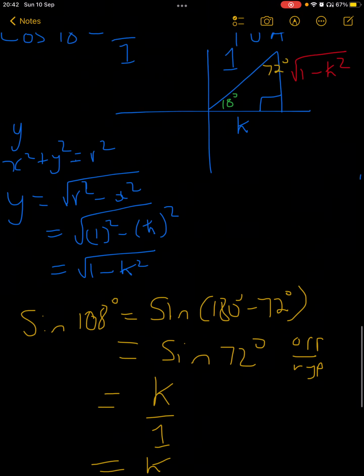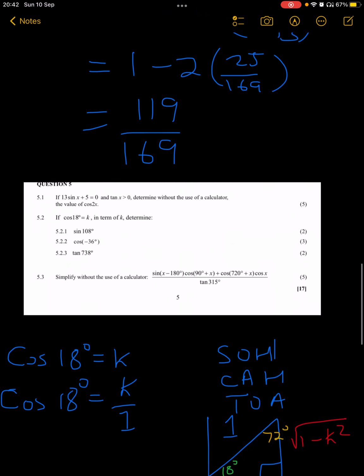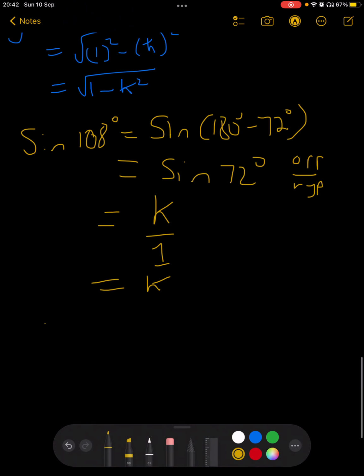Let's move on to the second one, 5.2.2, cos of negative 36. Cos of negative 36 comes from negative angles, which are in the fourth quadrant, and that's where cos is at home. So therefore, it's cos of 36.